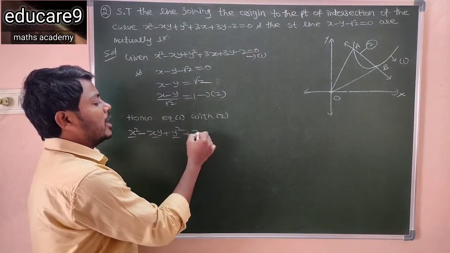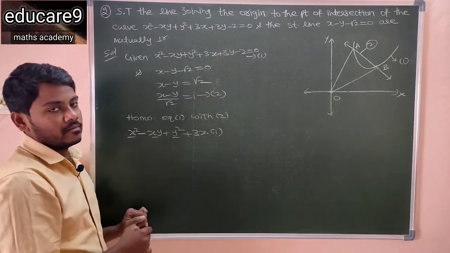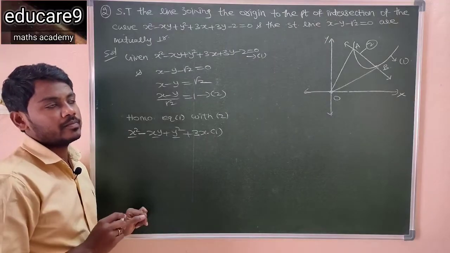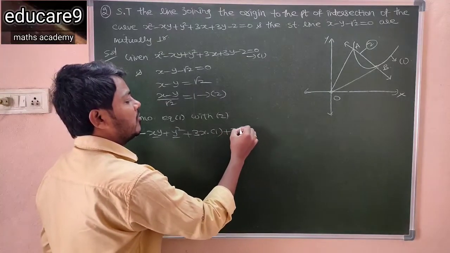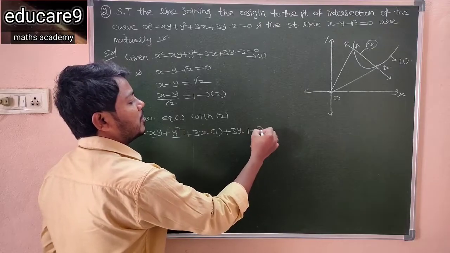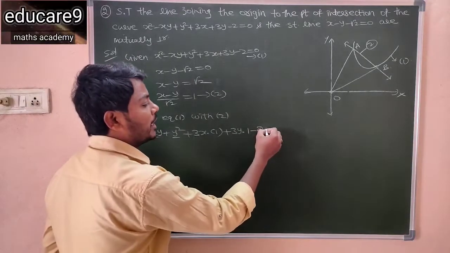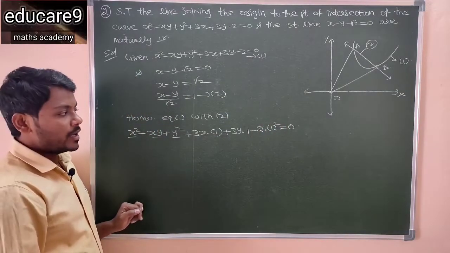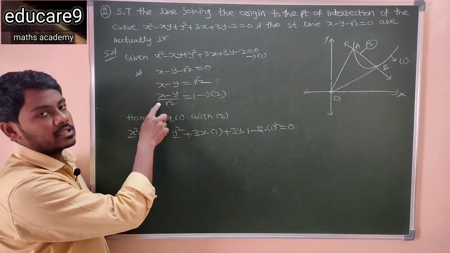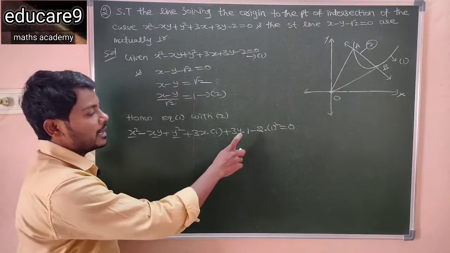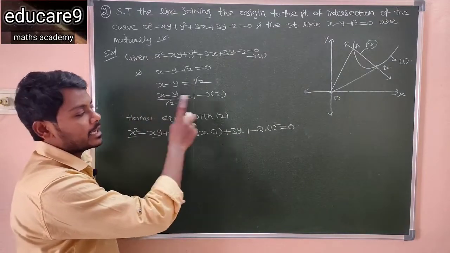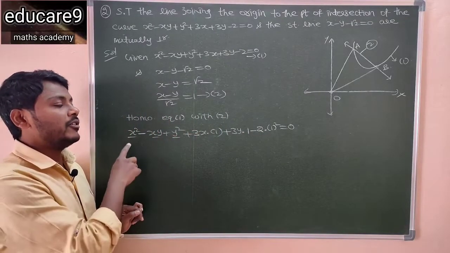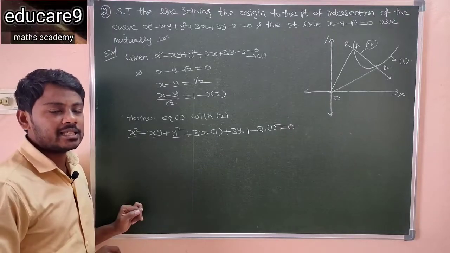So for that we have to write 3x into 1, because we have to make each and every term have degree 2. And 3y into 1. In place of the constant, we write 2 into 1² is equal to 0. Because of 3x into 1, we will get second degree terms, and 3y into 1 again second degree terms, and 2 into this square again second degree terms. So then we will get the second degree homogeneous equation.